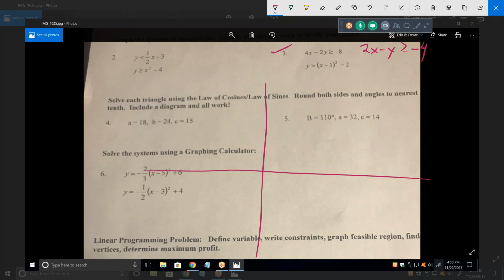Once we have y completely on itself, totally alone on the left, then whenever you graph your line, you know which side to shade. So we don't know until we get this into y is greater than or equal to something, with everything else on the other side.